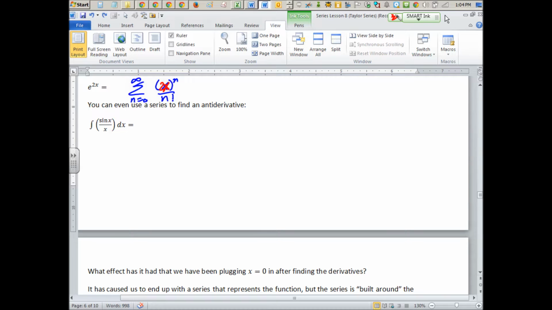Yes, question? So for something like e to the x squared, would that be x squared in the middle, or would it be different? Yeah, that's a good question. I think what you're saying is, if we wanted e to the x squared, could we just say e to the x looks like this, let's throw an x squared in here.